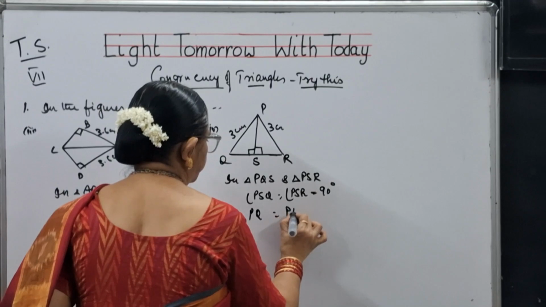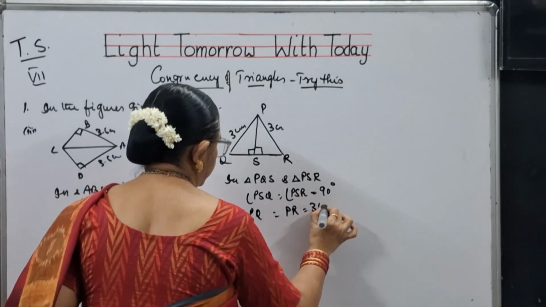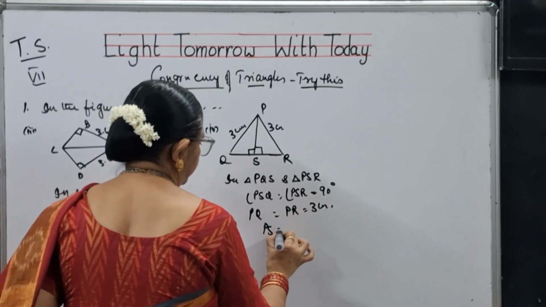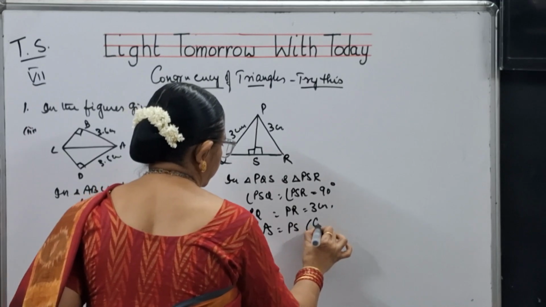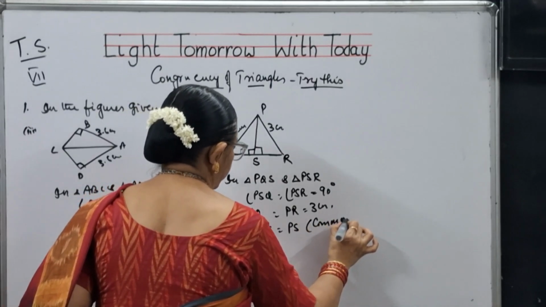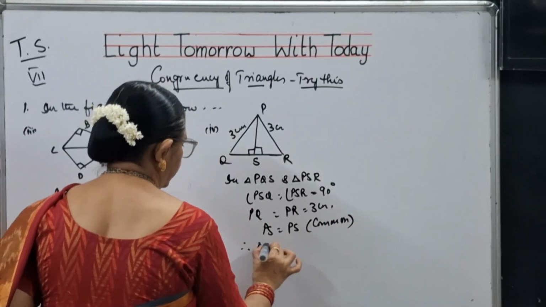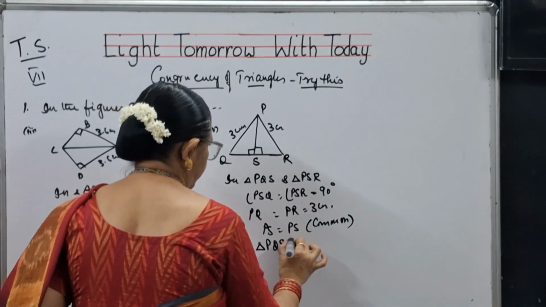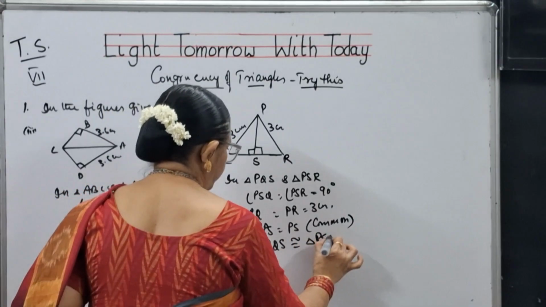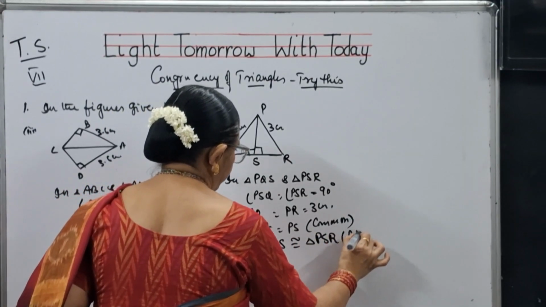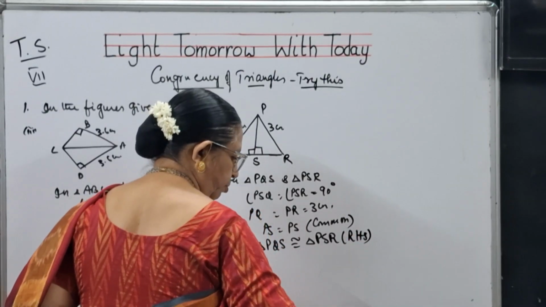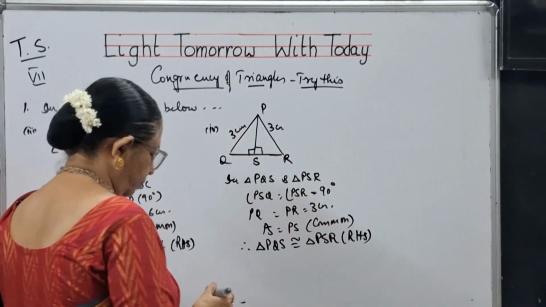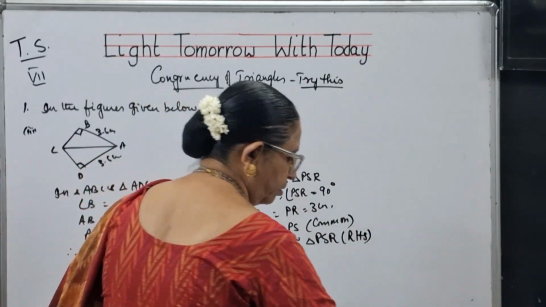PQ is equal to PR, 3 centimeters. PS is equal to PS, common. Therefore, triangle PQS is congruent to triangle PSR basing on RHS property. So, copy this, children.